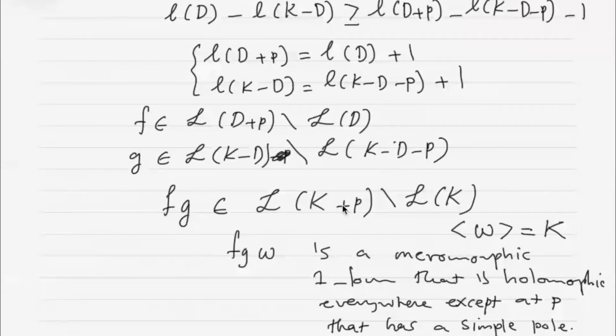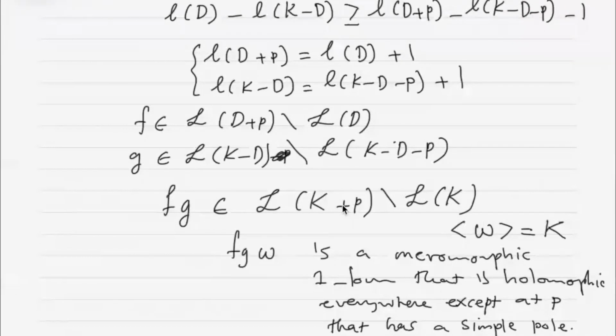And so far, everything is good. You might expect, okay, so what? We have such a meromorphic one form. But if you think about the fact that the sum of residues must vanish, you see that this is impossible. Because this meromorphic one form has residue 0 everywhere, except at this one point P that has a non-zero residue. And this cannot be canceled because that's the only place that it has a pole.